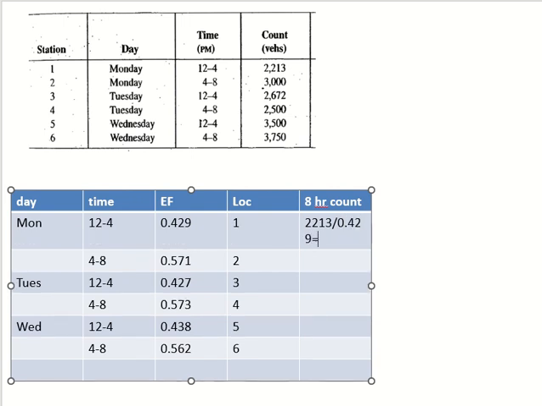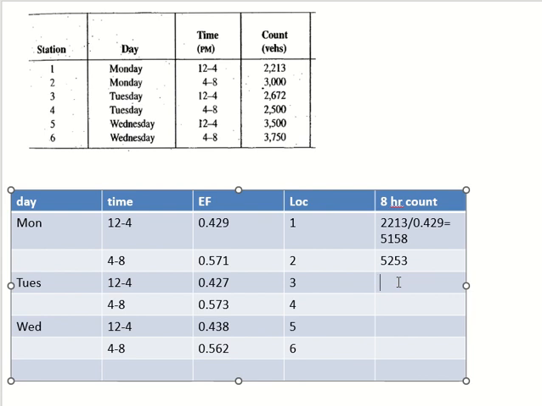How much is this? 5158. Okay, location 2, it is taken again on Monday, but 4 to 8. The factor 4 to 8 is there. How much is it? 5253. Okay.